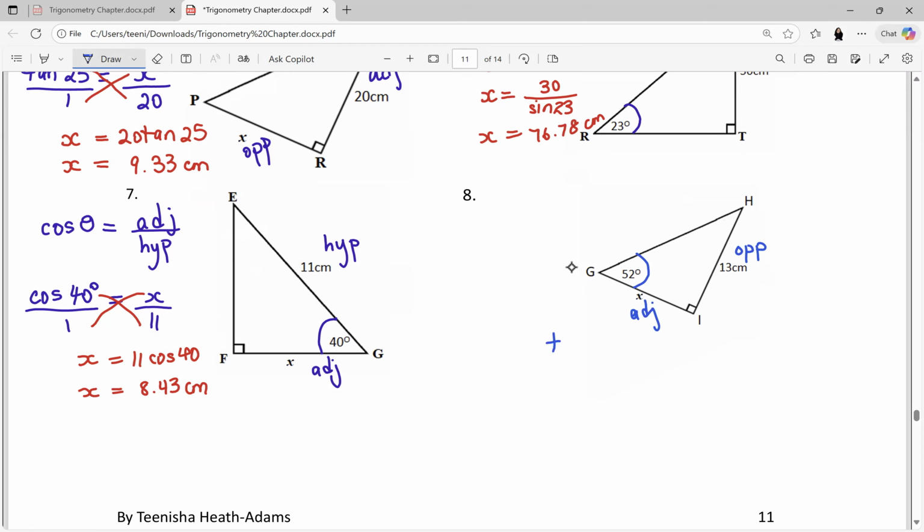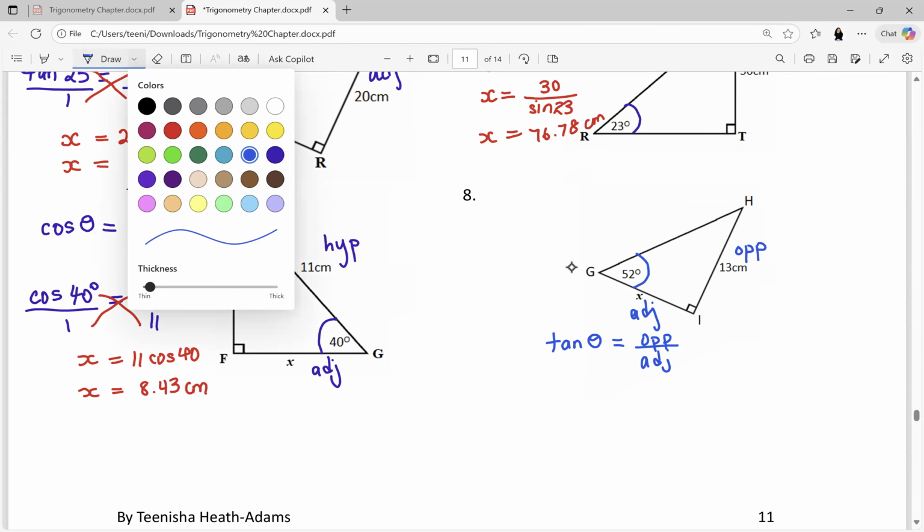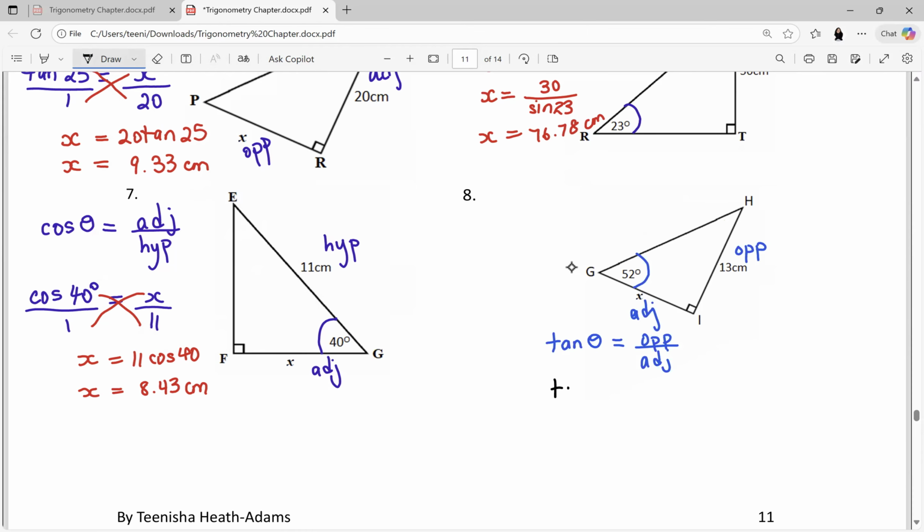So we recall that tan of an angle is equal to opposite over adjacent. And now we substitute our values in there. So tan of 52 degrees is equal to the opposite side, which is 13, over the adjacent side, which is x. All right, again, the unknown side is in the denominator here.